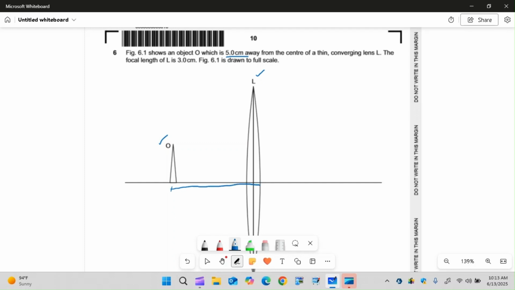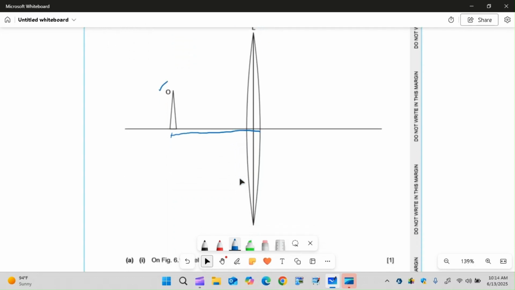The focal length of the lens is 3 centimeter. The focal length is the distance to the point where all the parallel rays converge and meet, and it is the same on either side. The figure is shown up to scale.